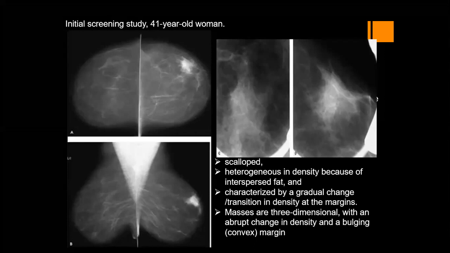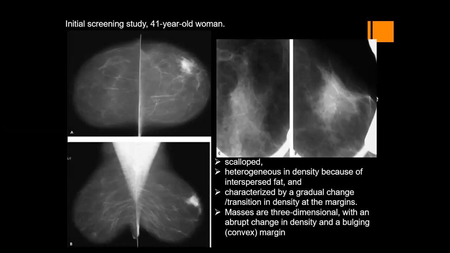Following trauma, excellent. Any interventional procedure done before? Okay. Hormonal therapy. Hormonal replacement therapy, excellent.